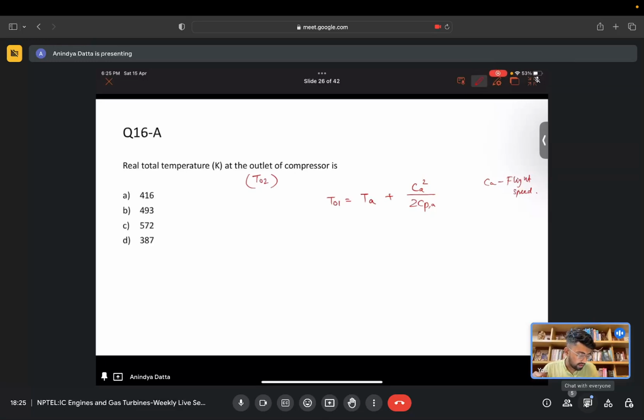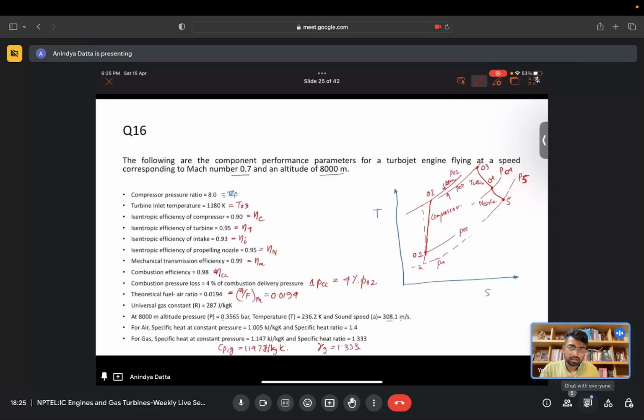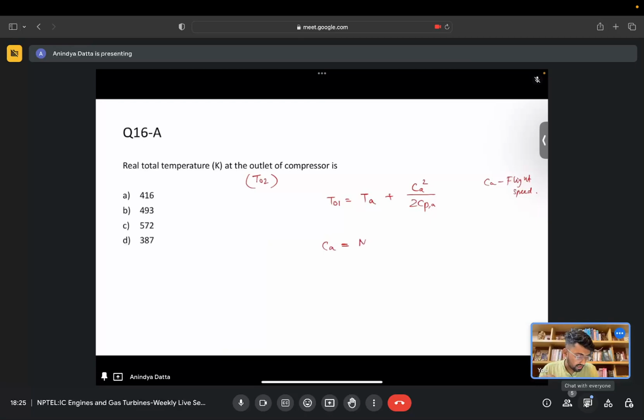Now, what is Ca? It is given that the flight Mach number is 0.7 and the speed of sound at that altitude is 308.1 meter per second. So Ca is equal to our Mach number times the speed of sound, which is 0.7 times 308.1 meter per second.